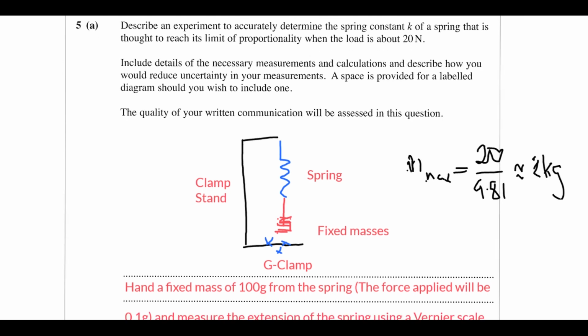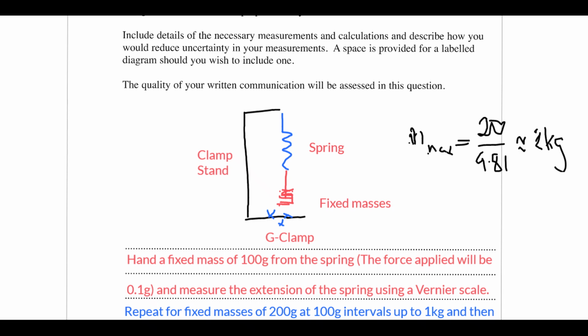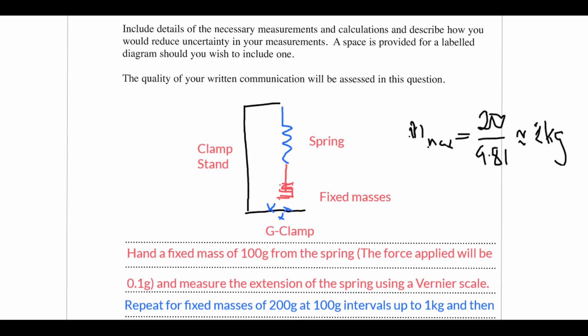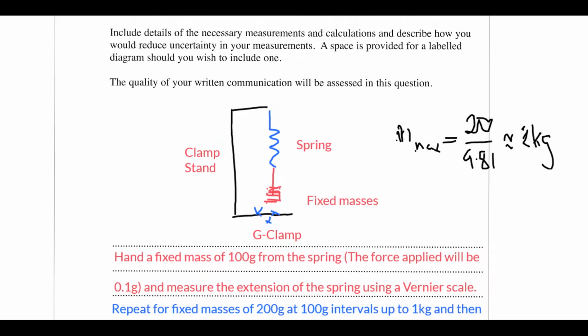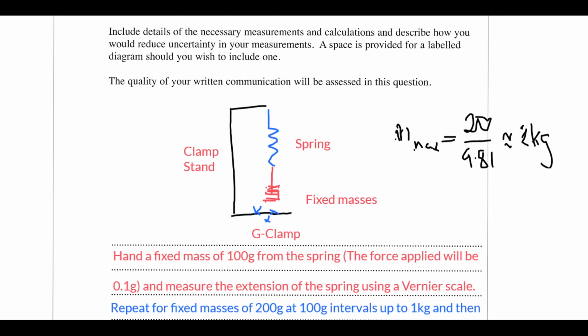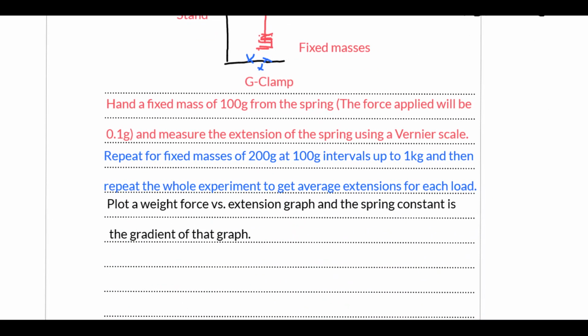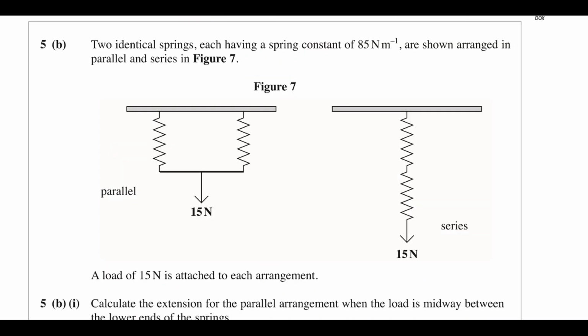Fine. We've got the measurements we take, the mass and the extension, and the calculations we've used. We've explained how we'd reduce uncertainty with the vernier scale and repeats and average. That's all fine, and we've got a diagram, so that's grand. All right, so continue on.